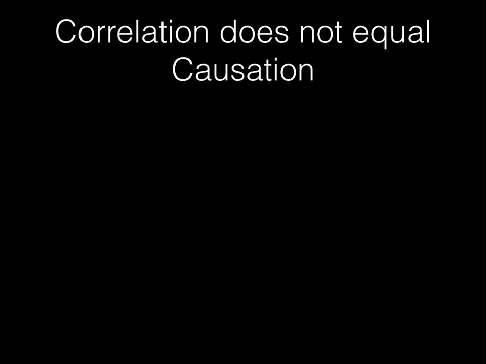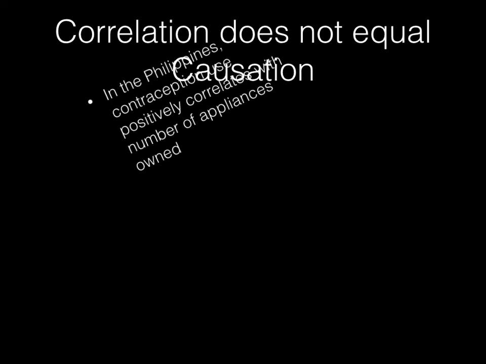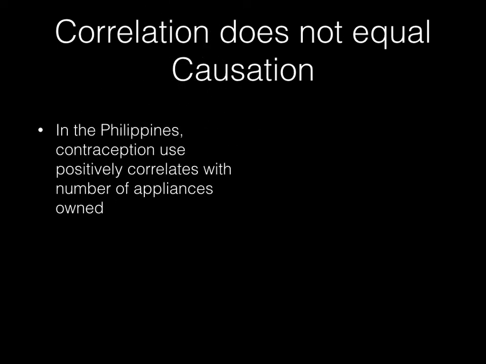As an example about correlation not equaling causation, and there are many out there, there was a study that looked at contraception use in the Philippines. Specifically, these researchers wanted to know what is the most effective way to get people in the Philippines to use contraceptives.